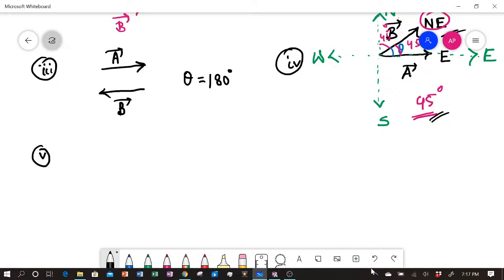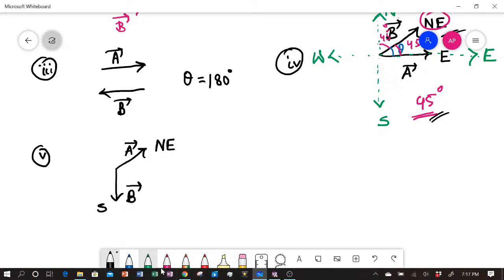Okay. Now, in the next case, see, suppose B vector is along south and another vector is along northeast. Okay, this is A vector. This B vector is along south and A vector along northeast.